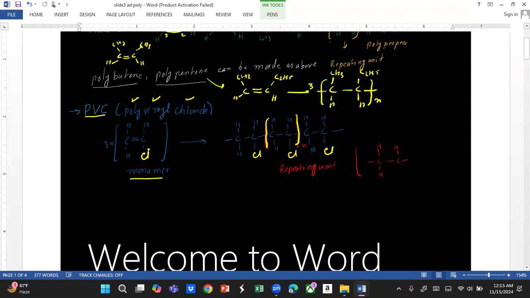The difference between repeating unit and monomer is only the double bond, but the number of atoms stays the same. And the type of reactions they undergo is different, because the monomer is unsaturated and the repeating unit becomes saturated. So PVC is used in making drainage pipes.